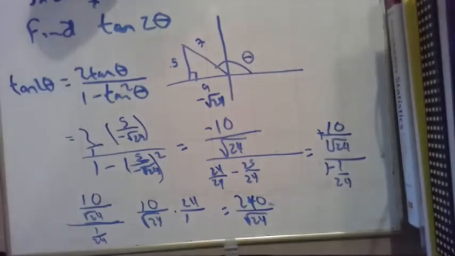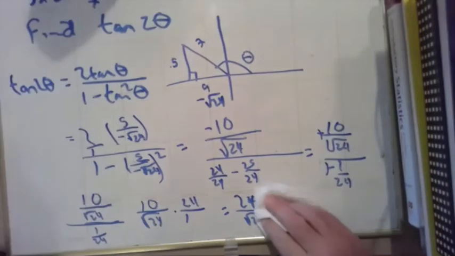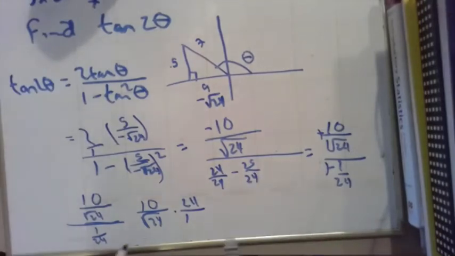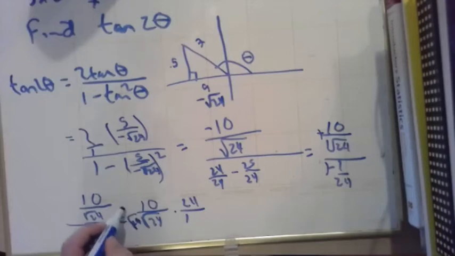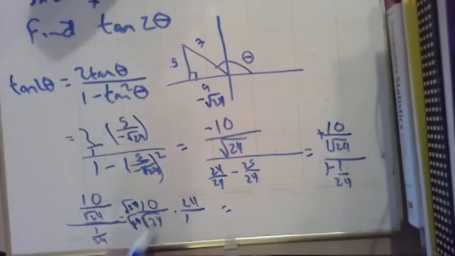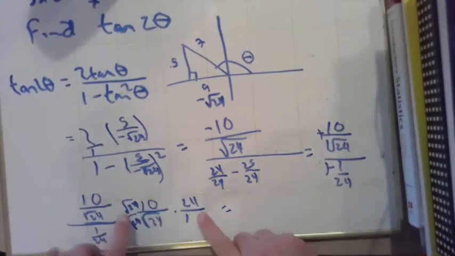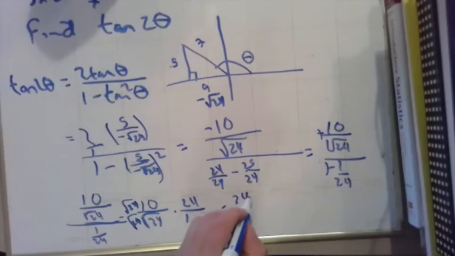Or I could think, wait a minute, I have to rationalize that denominator. Remember rationalizing denominators? So I've got the square root of 24 in the bottom. In order to get rid of that, multiply top and bottom by root 24. On the top, let's multiply all 3 of those together. 240.